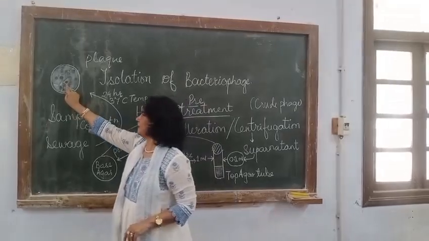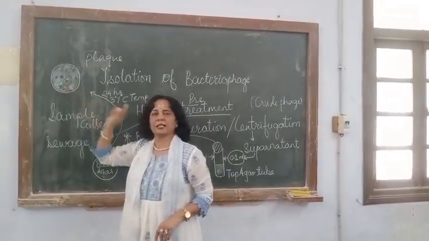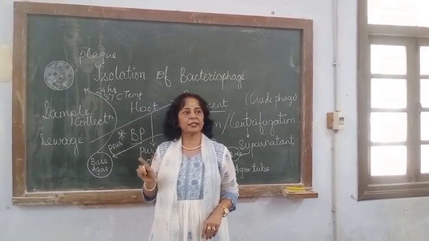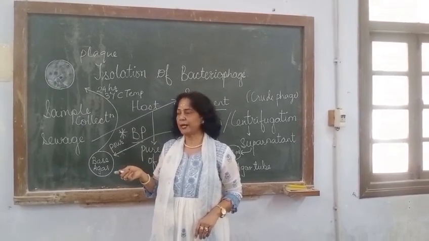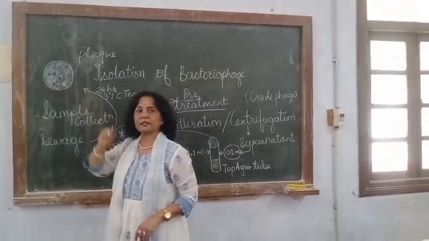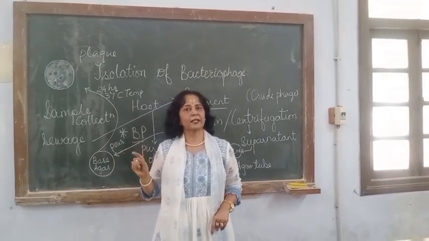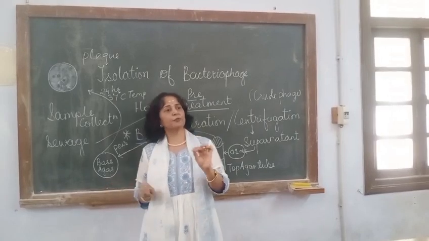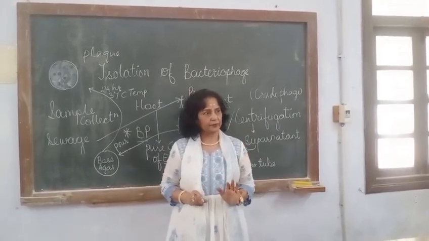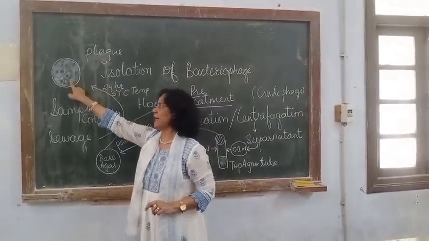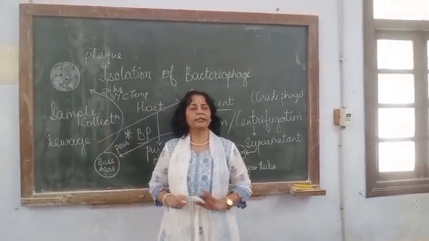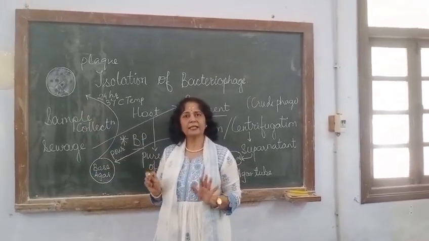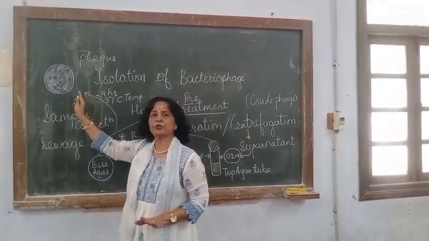Okay, so we will see these clear areas, which are just like the inhibition zones we have seen in the antibiotic sensitivity of bacteria. And now these clear zones are nothing but the growth of bacteriophages. Now one question will come to our mind: why are bacteriophages there and cannot be seen? The reason is that bacteriophages are ultramicroscopic; they cannot be seen by the naked eye unless you utilize electron microscopy.